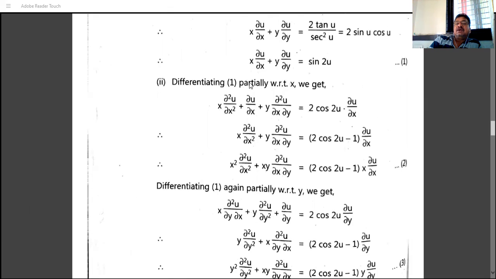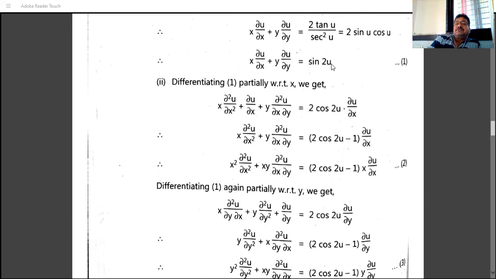Okay, so differentiate equation 1 partially with respect to x and y, multiplying by x and y, and then add 2 and 3. It is the same procedure that is used in the corollary of Euler's theorem. So differentiate equation 1 partially with respect to x. So x ∂²u/∂x² plus ∂u/∂x into the derivative of x, which is 1, by the u into v rule, plus y is constant, derivative of ∂u/∂y with respect to x is ∂²u/∂x∂y, equal to sin 2u, the derivative is cos 2u into 2, the derivative of 2u, into ∂u/∂x, because this sin 2u is a function of u and we have to differentiate with respect to x.